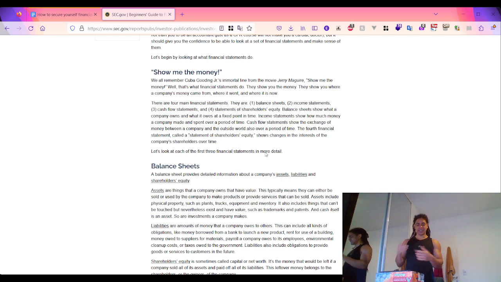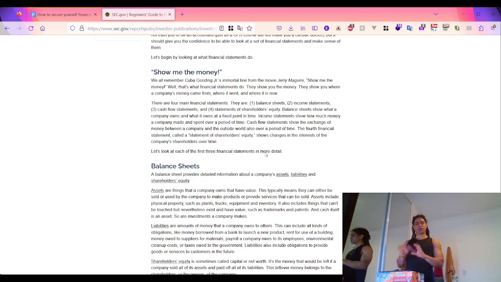Liabilities are any obligations that a company has to pay for goods and services. And the shareholders' equity shows how much money the shareholders would receive if, for example, today all the company assets were liquidated and all of its liabilities paid off.